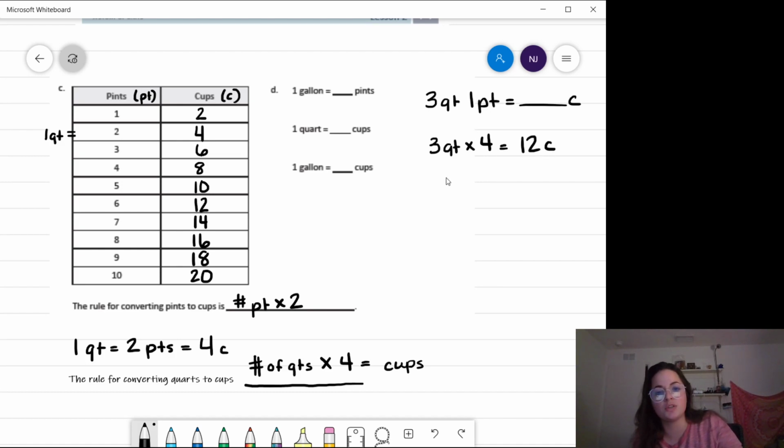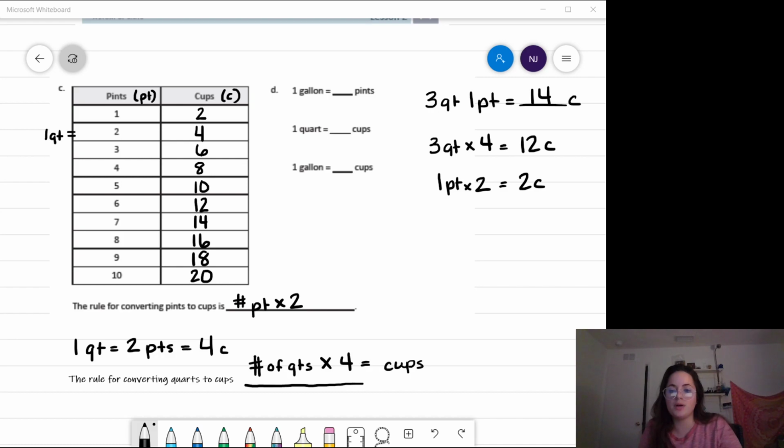But then I need to turn this 1 pint into cups as well, where I'm going to use this conversion right here, because this is our rule for turning pints to cups. We have pints, we're trying to turn them into cups, so we multiply times 2, and that's going to give me 2 cups. Add these 2 together, and all together I get 14 cups.